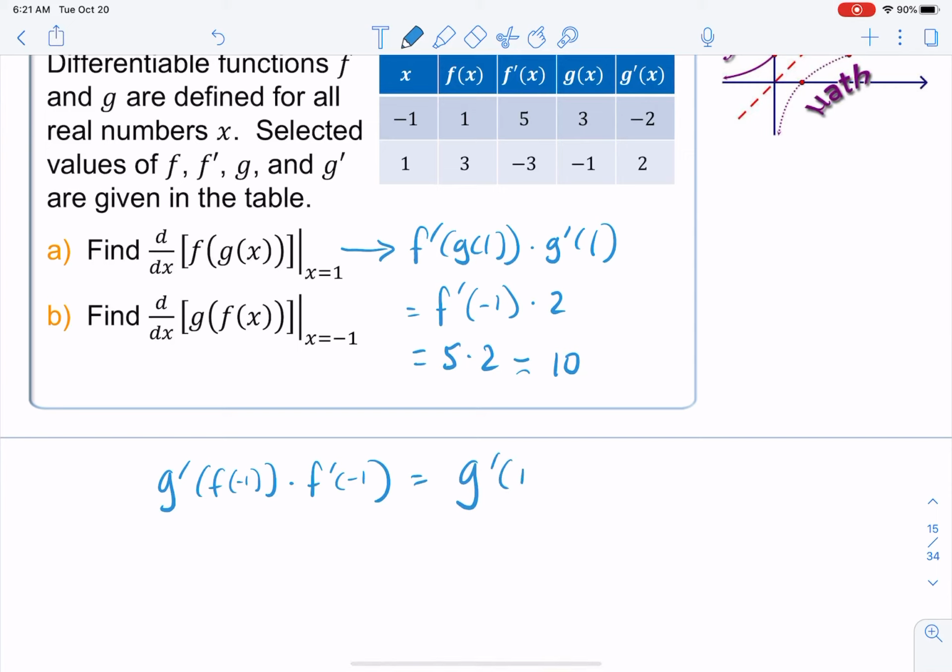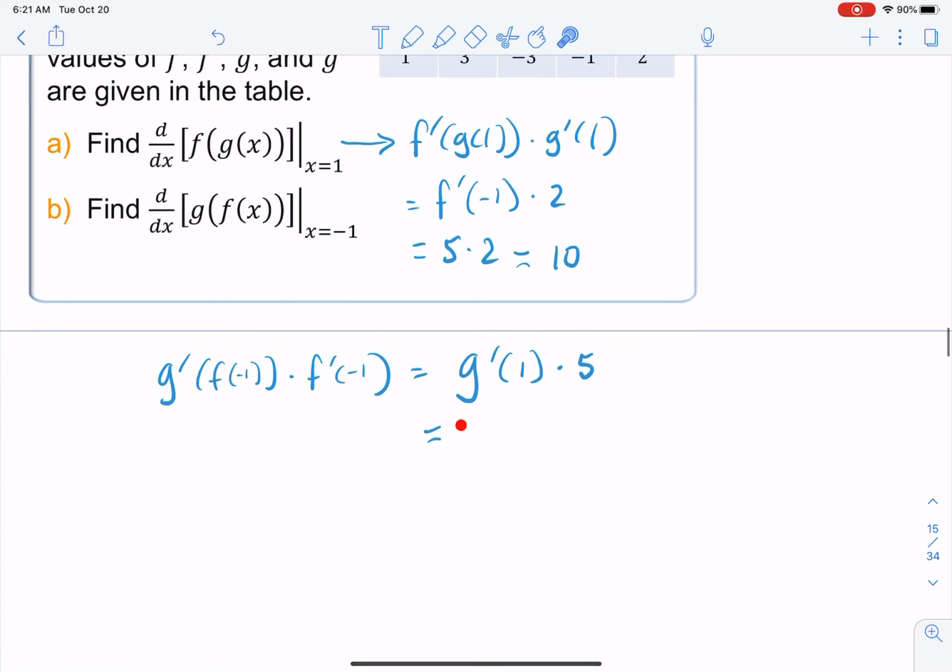So g prime of positive 1, times the derivative of f at negative 1. The derivative of f at negative 1 is 5. And the derivative of the g function at 1 is 2. 2 times 5 is equal to 10.